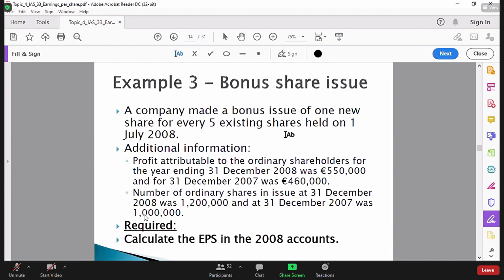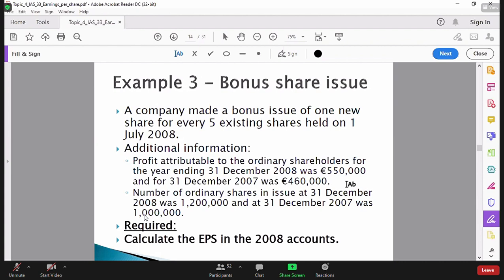Additional information: profit attributable to the ordinary shareholders for the year ending 31st December 2008 was 550,000.